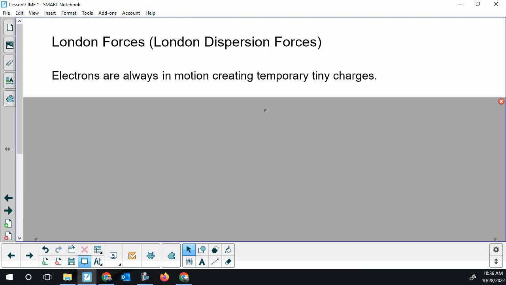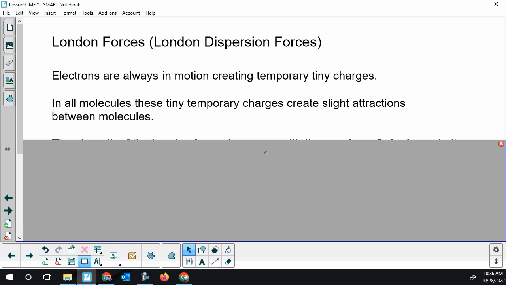And the random relocation of these electrons will lead to tiny temporary charges. If the electrons are a little bit more to the right of a bond, that side will be a little negative temporarily. All of this random movement of electrons will create slight attractions between one molecule and its neighbor, even if it has no polarity.